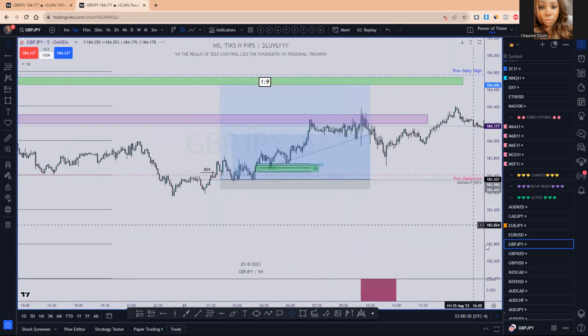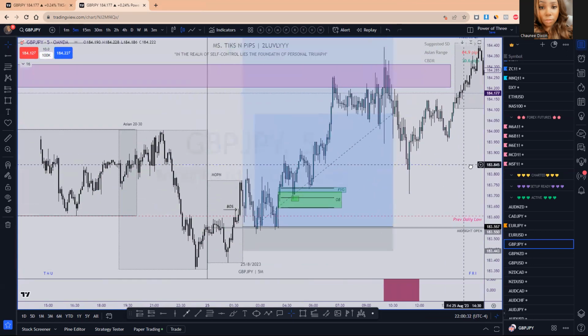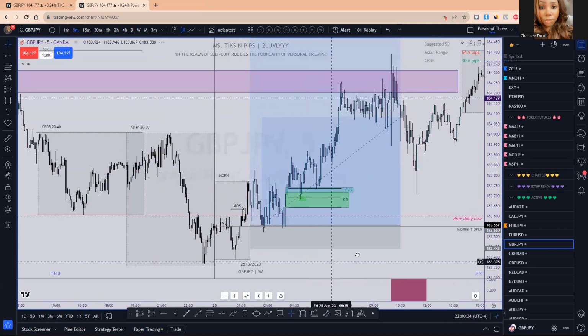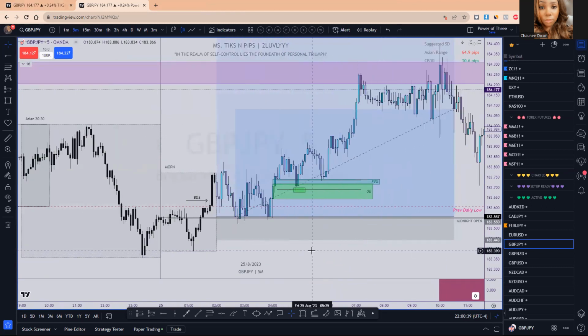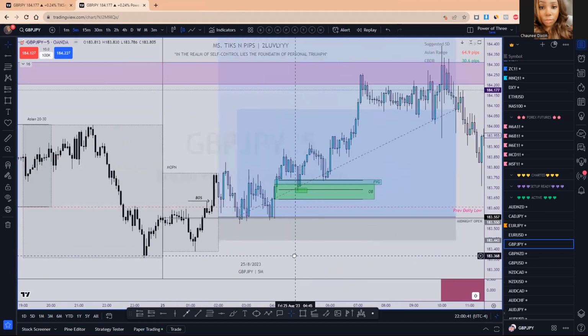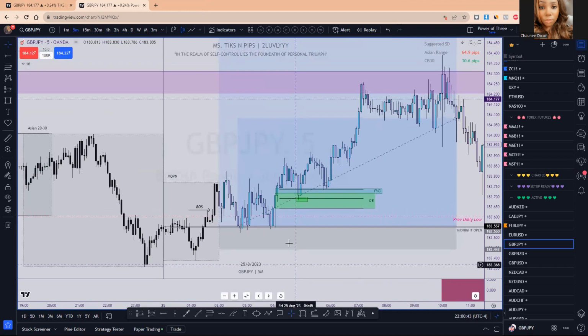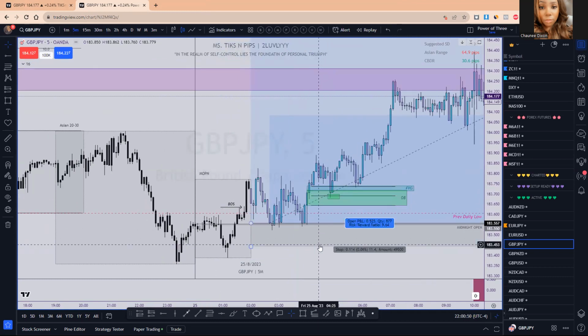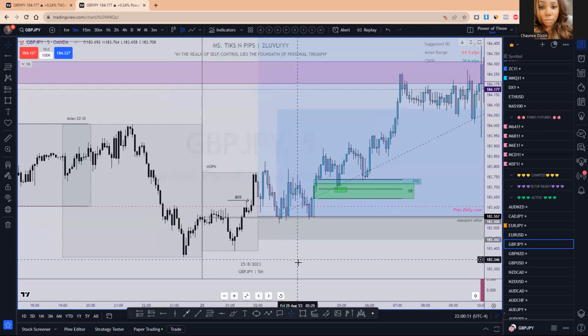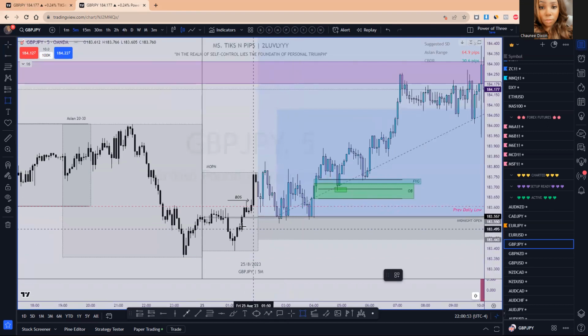Okay, all this was from last night in London. We were watching this play out, and I think my first fair value gap was right here. I think this was the first one. No, it was down here. Sorry. So we had a fair value gap down here.